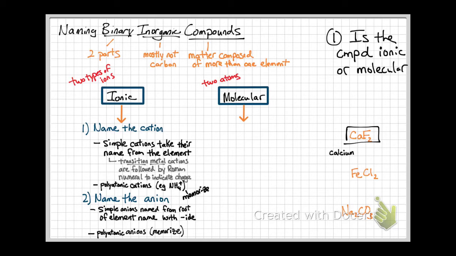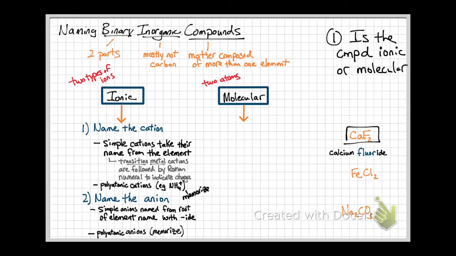Now, the anion is composed of fluorine with a -1 charge in this case. So we start with the name fluorine and just use the first part, remove the INE and add IDE: calcium fluoride, and that's it.